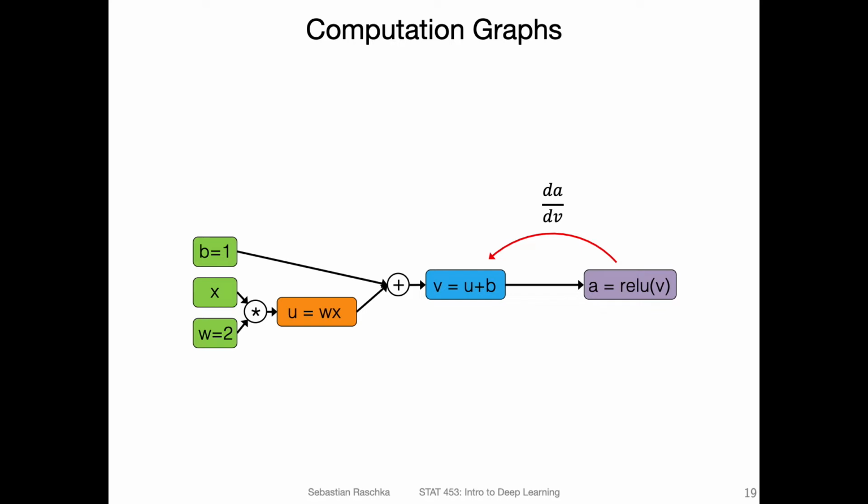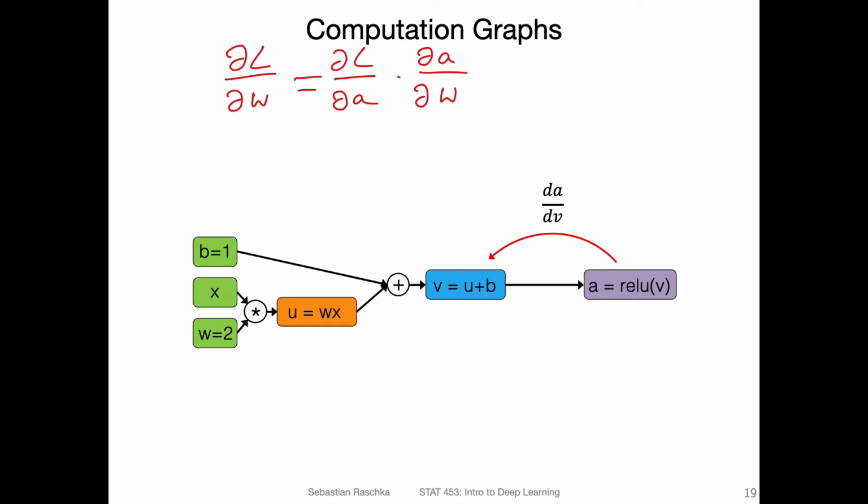In the context of deep learning, we are usually interested in computing the partial derivative of the loss function with respect to the weights or the bias unit, as we've seen in the Adaline lecture last week, and we can decompose that into smaller substeps. Using the chain rule, we can decompose it into the partial derivative of the loss with respect to the activation times the derivative of the activation with respect to the weights.